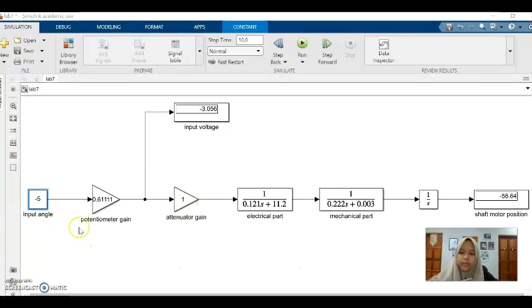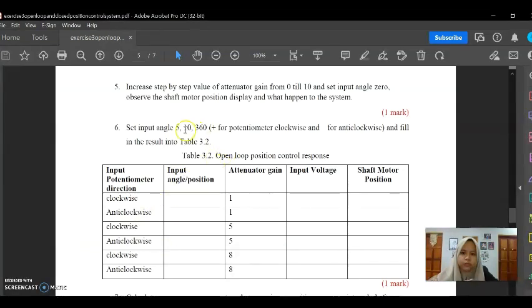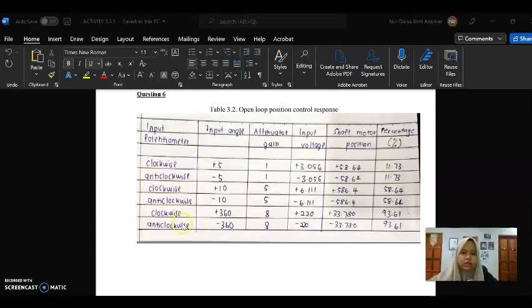Then we must repeat it with different values, 10 and 360, for both clockwise and anti-clockwise. Okay, here is the result of the open loop position control response for 5, 10 and 360 for both clockwise and anti-clockwise. Okay, that's all from me. Thank you.